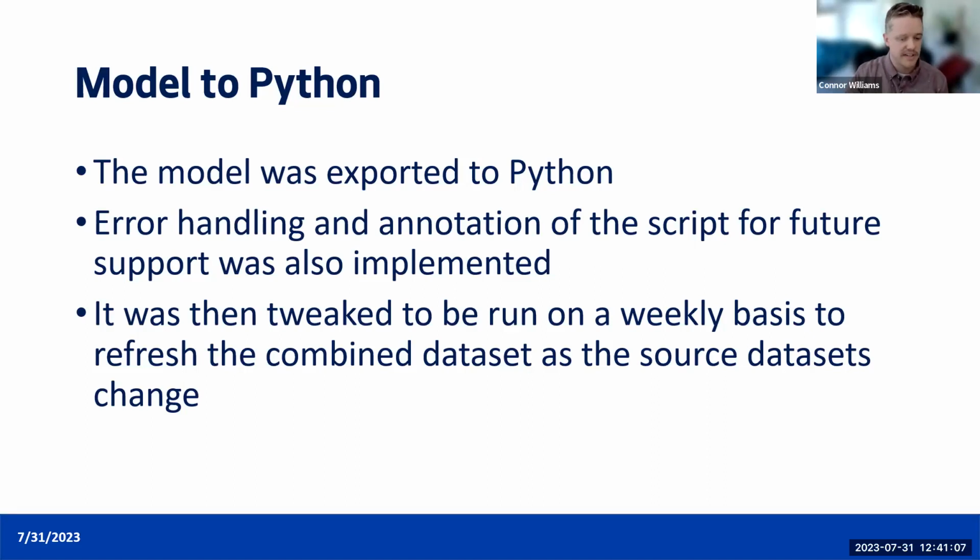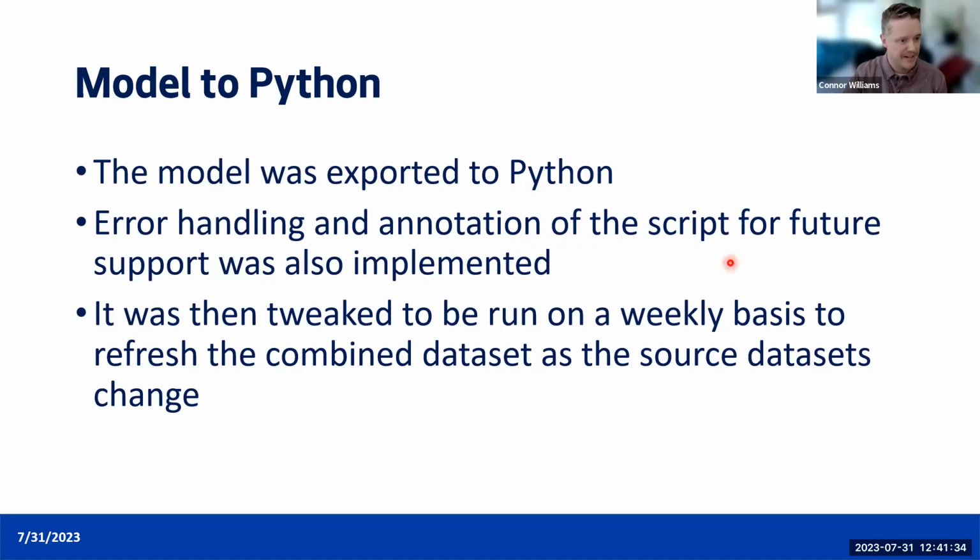But in order to make this friendly to the rest of the IT ecosystem that this would need to operate within, I needed to do some manipulation to make sure that if anything changes about the process, say a source data set changes its format slightly, we needed some error handling to throw exceptions so that the script wouldn't run and overwrite an old version of the combined view.